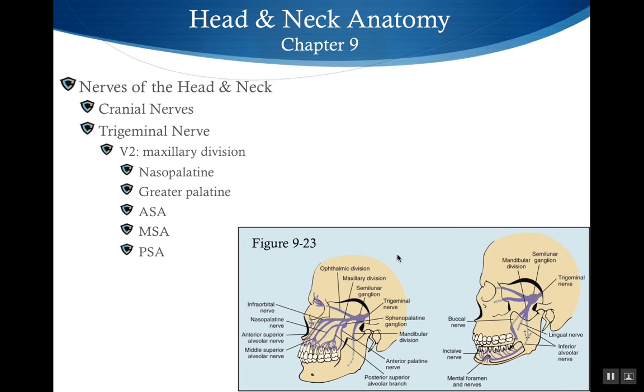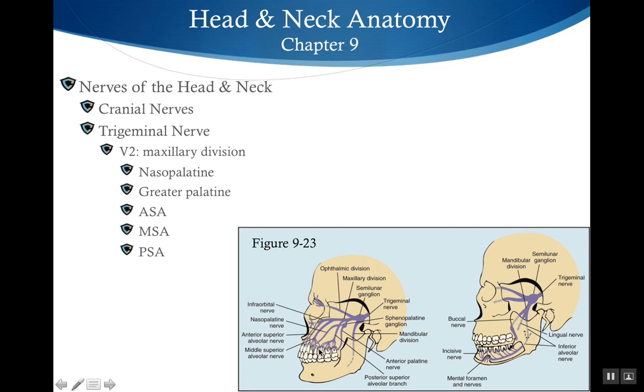So you can see in this picture, here is the trigeminal nerve here, and then its 3 divisions, V1, V2, and then V3. So you can see here is described all the branches of the maxillary division. So when we're anesthetizing anterior teeth to work on those teeth or the gum tissue in that area, we are anesthetizing the anterior superior alveolar nerve branch, which is a branch of V2.